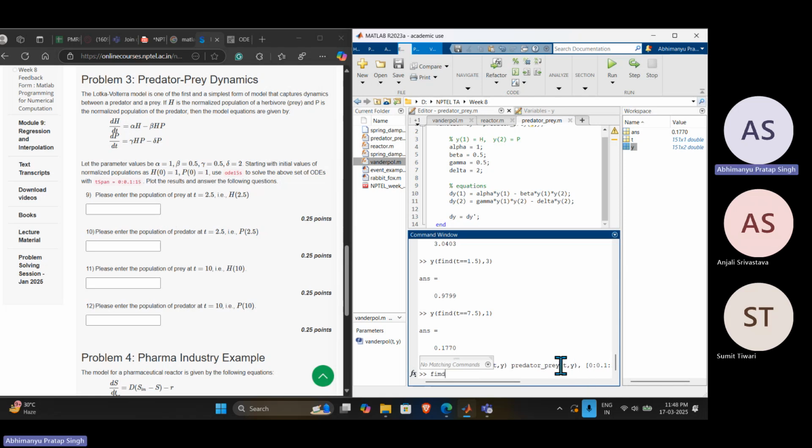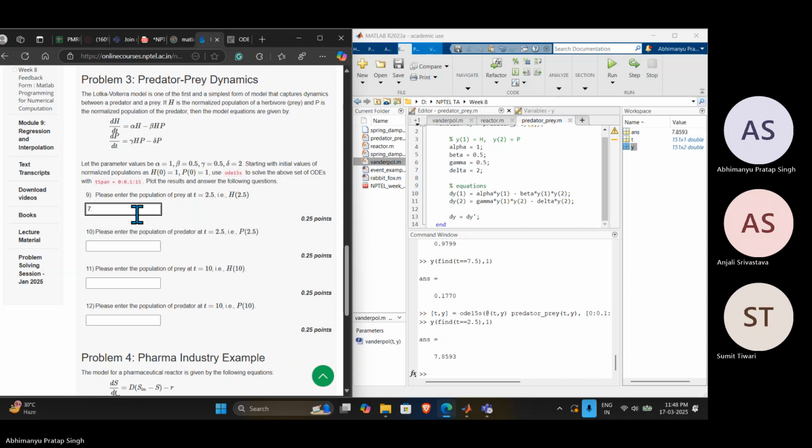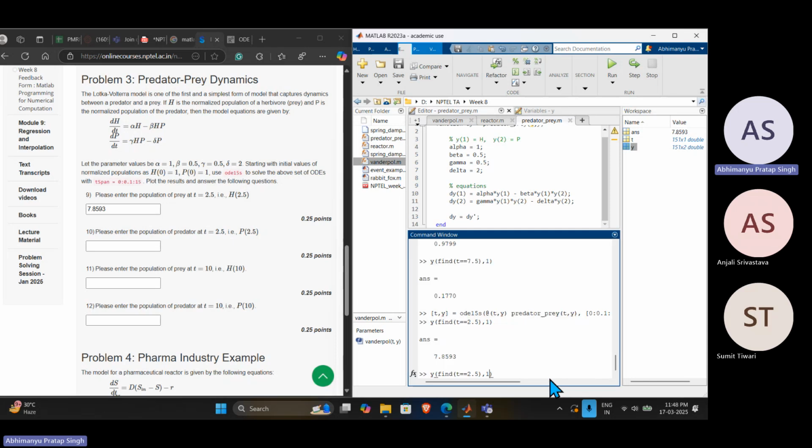Same thing again. The first value is 2.5, 7.8589, 593, and this is the same thing with the second.